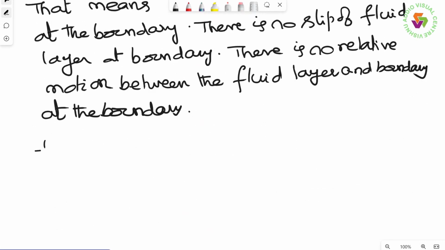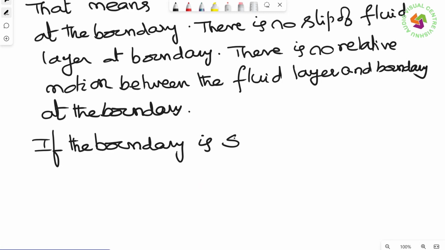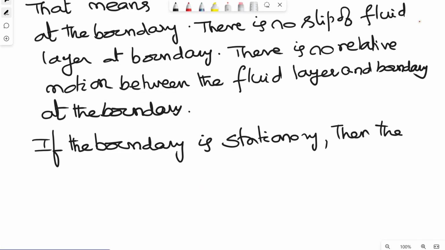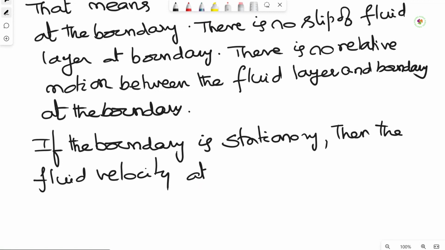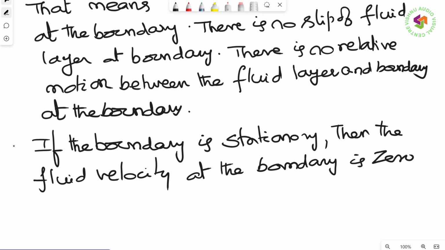For example, if the boundary is stationary, stationary means the boundary is fixed, then the fluid velocity at the boundary is zero because the boundary is stationary, right?